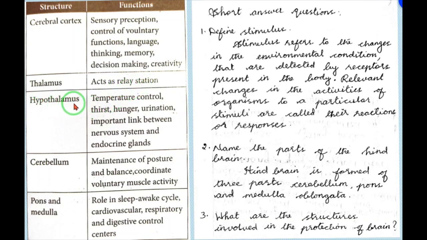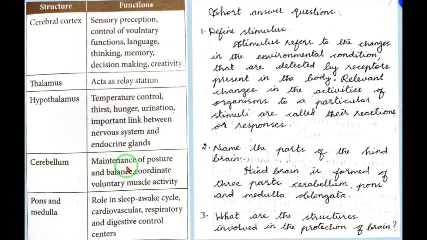Third, the hypothalamus: temperature control, thirst, hunger, urination, and an important link between the nervous system and endocrine glands.